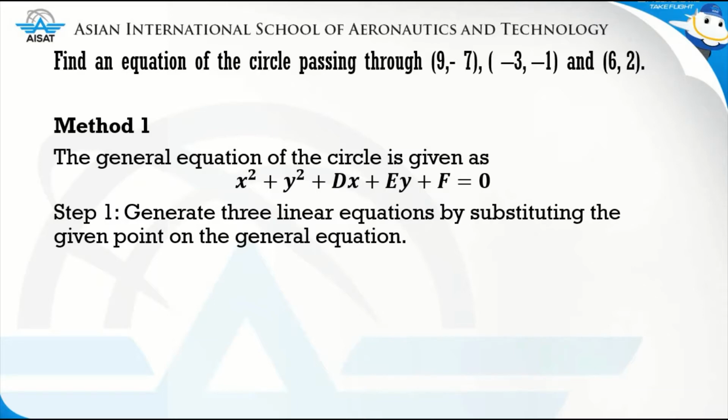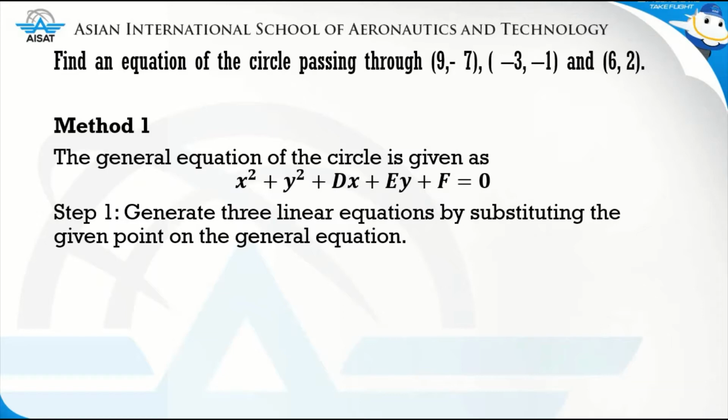The first step in method 1 is to generate 3 equations by substituting the given points into the general equation. The general equation of a circle is x squared plus y squared plus dx plus ey plus f is equal to 0. So we are to substitute each of these points individually into the general equation of a circle.